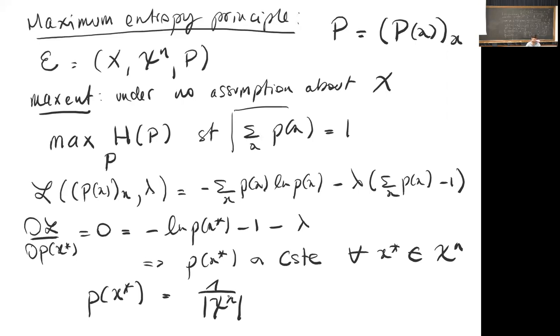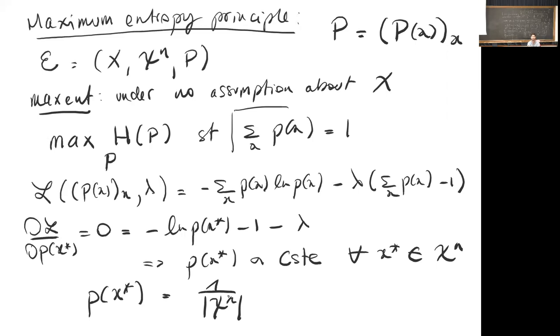So the max entropy principle, assuming nothing about the system except that you want to describe it with a probability distribution, and therefore this function P must be normalized, gives you the microcanonical distribution, which is a uniform distribution.